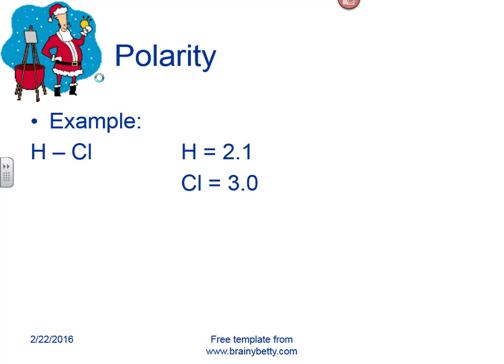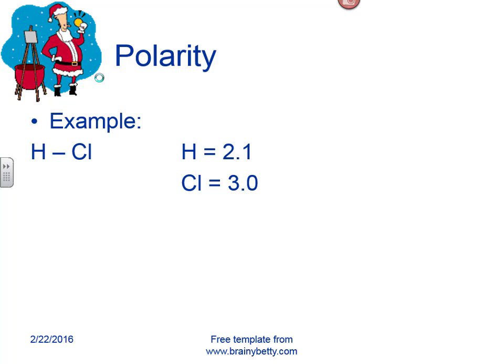Which of those atoms are the electrons going to be closer to? The chlorine, because it's got the higher electronegativity. So if the electrons are closer to the chlorine, that means they're further away from the hydrogen. And that causes this bond to be polar, meaning that it has a plus end and a minus end.